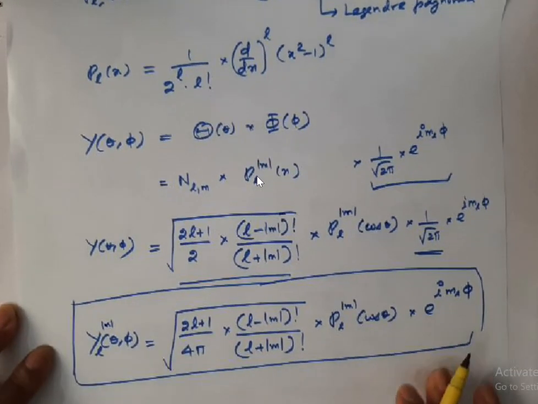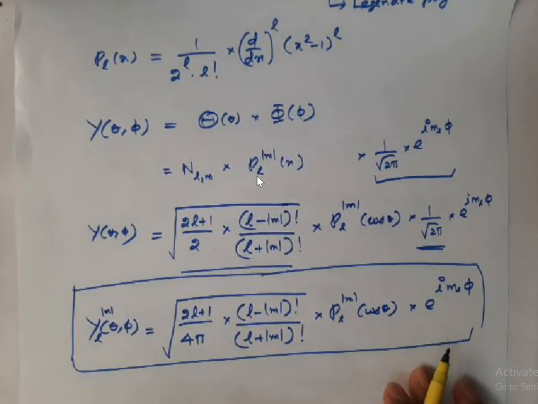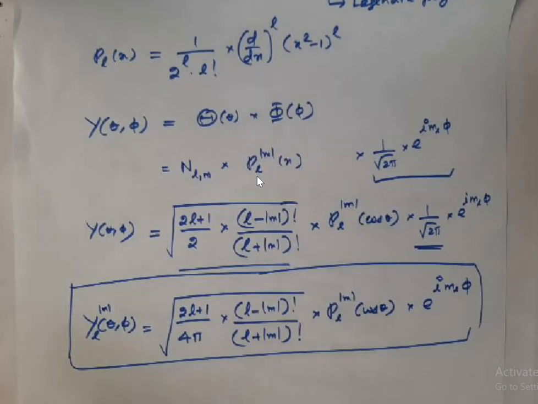This is the spherical harmonic function for the value L and for the value ml. This is the expression for the wave function for a particle moving on a sphere of constant radius. So this is the wave function formula.